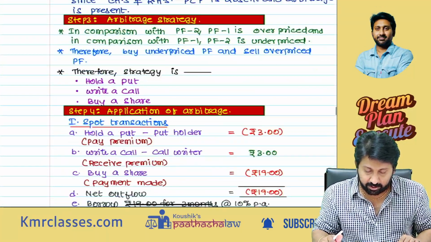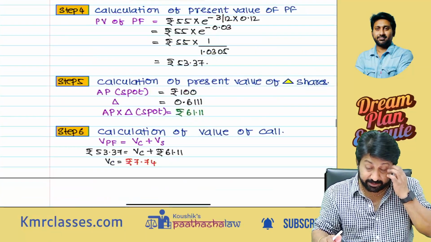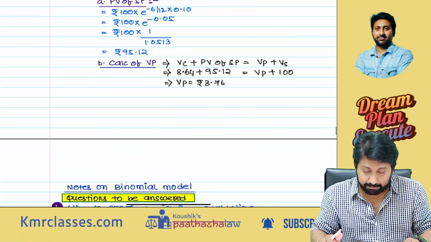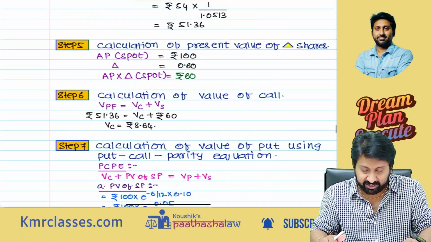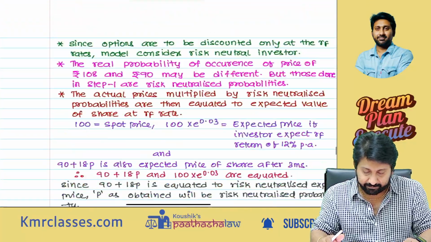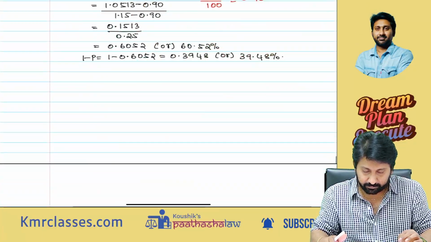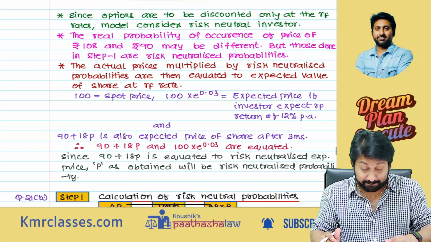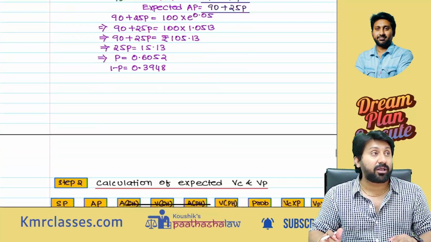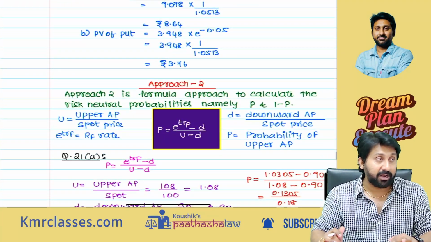Next, the bigger one, the main biggie in this area, is the Black-Scholes model. By the way, there is also a binomial model, a risk neutralization model with one formula.